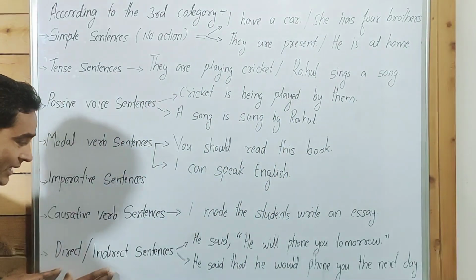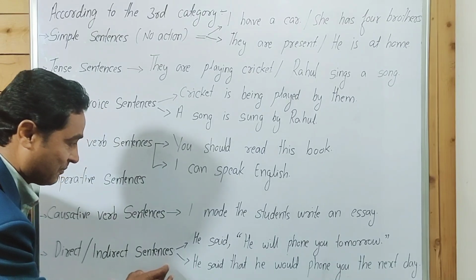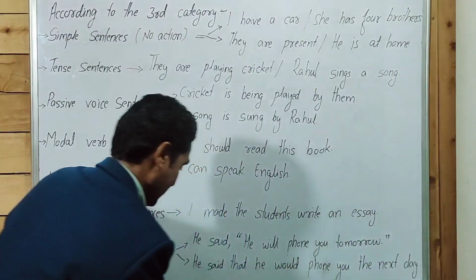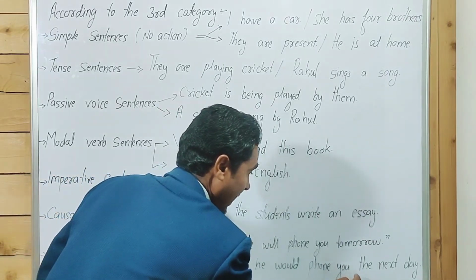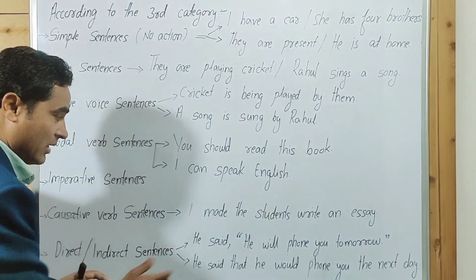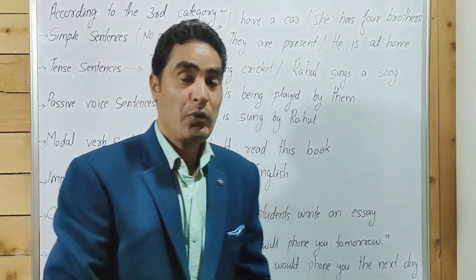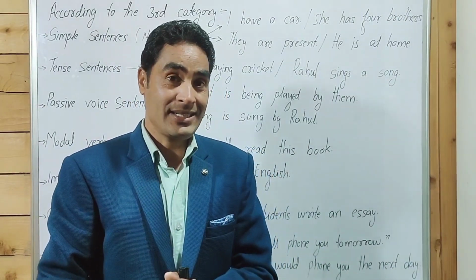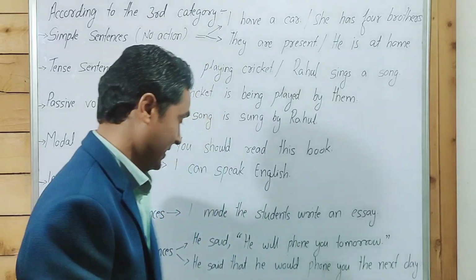When we talk about direct and indirect sentences, this is a direct sentence. This is an indirect sentence. When we change a direct sentence into an indirect sentence, we have to make some changes.